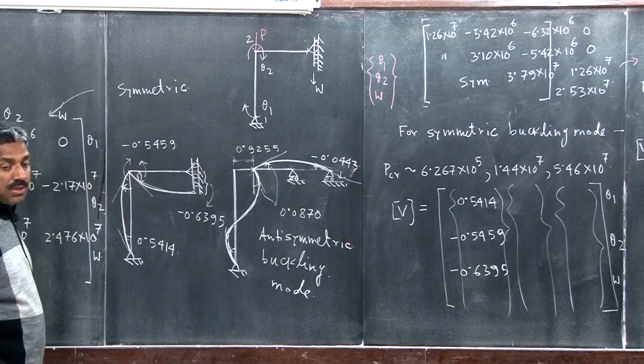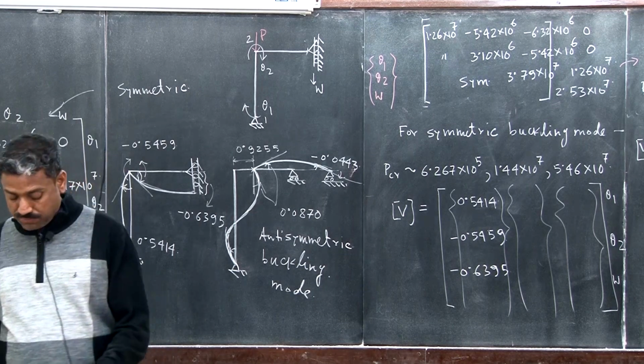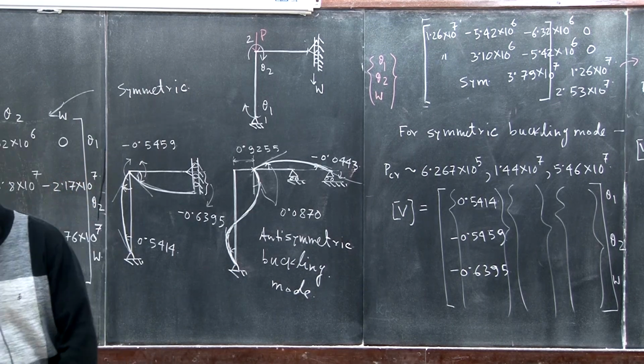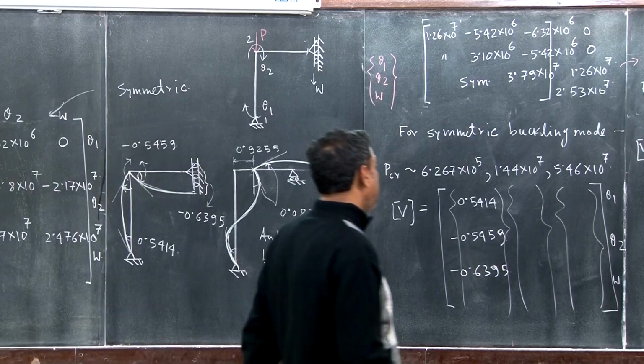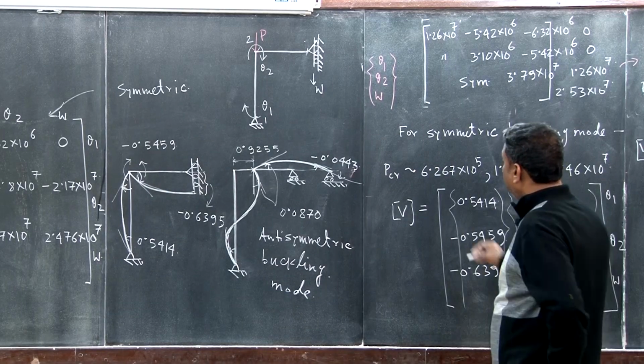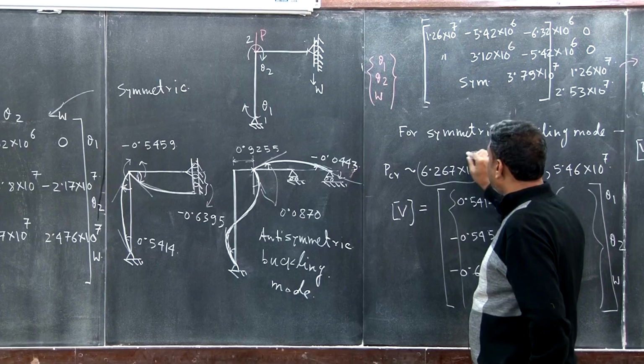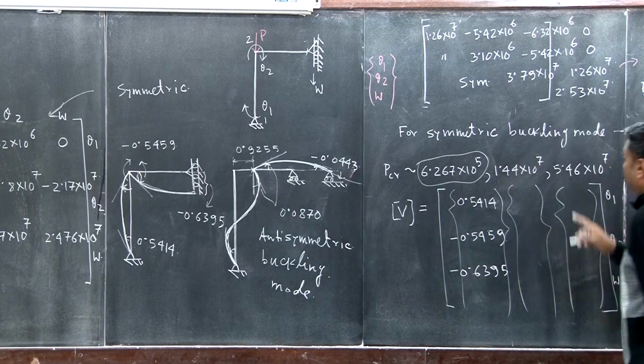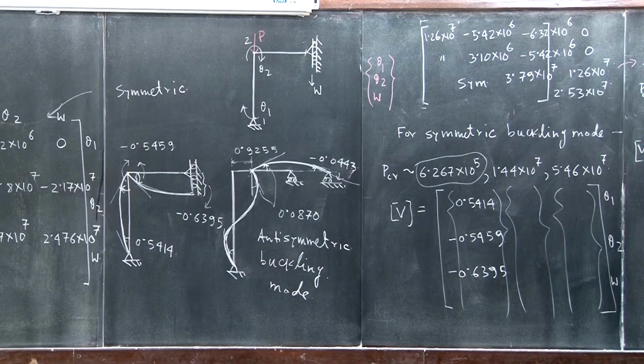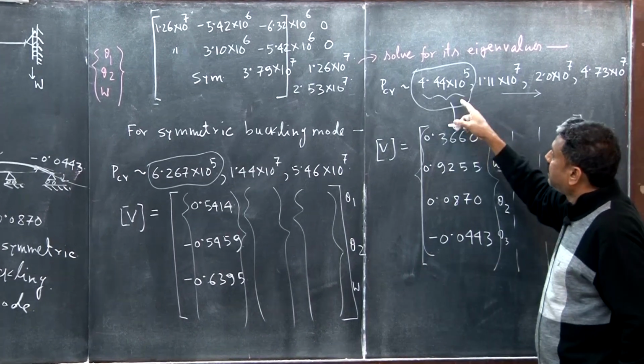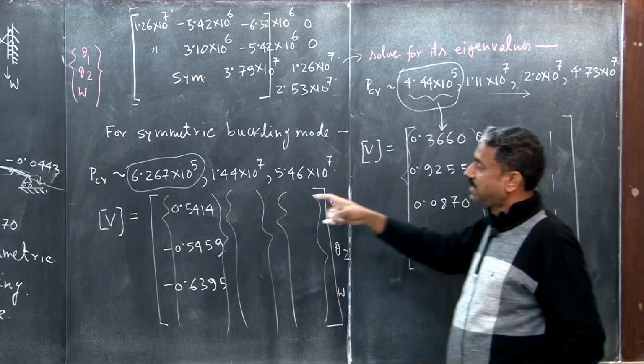Okay. So do you see now? The important part here is please note that the fundamental, the lowest critical load for the symmetric mode is this, and for the antisymmetric it is this. So which one is more critical? The antisymmetric one is more critical because this is lower than this. You see that?